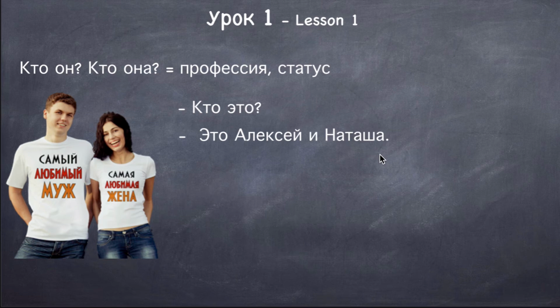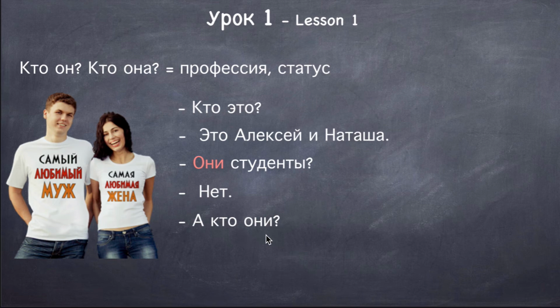Alexei and Natasha. Они студенты? Они, they. Они студенты? Нет. А кто они? Now we want to know, what do they do? If they're not students, perhaps, what do they do in life then?